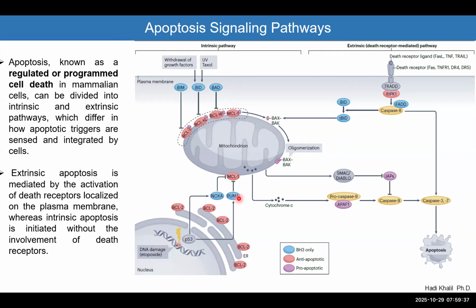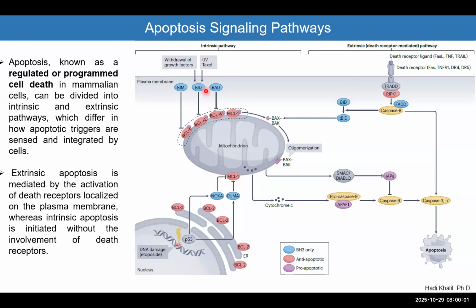Now, NOXA and PUMA are pro-apoptotic proteins. So the blue proteins are going to overcome the red anti-apoptotic proteins. On top of this, PUMA and NOXA could block some anti-apoptotic proteins, so they block their function.